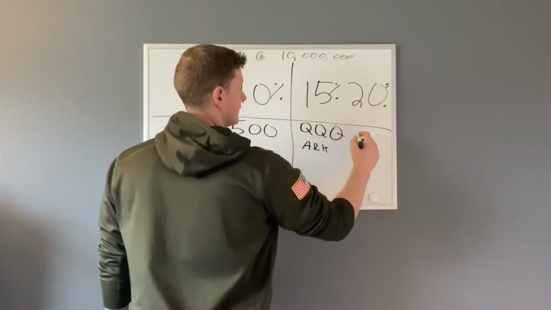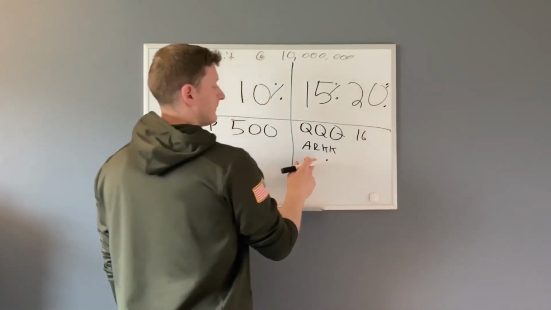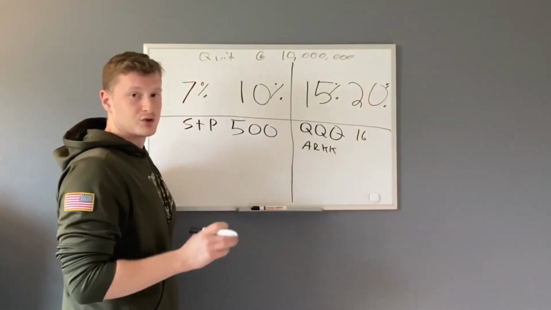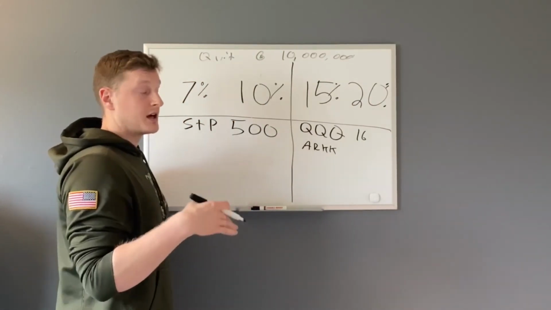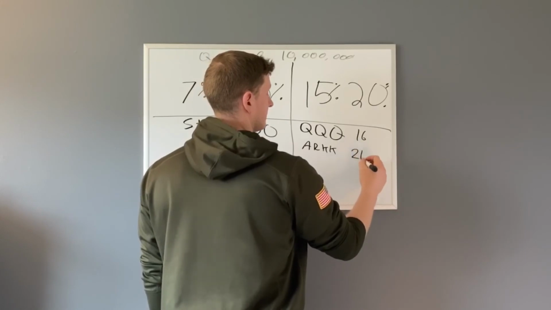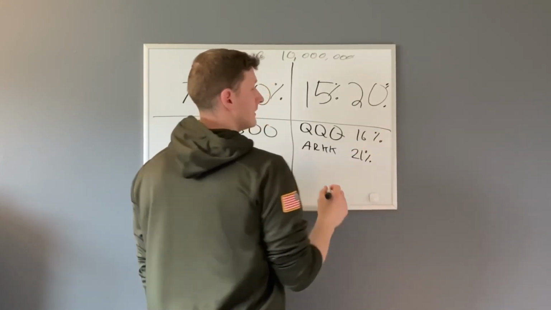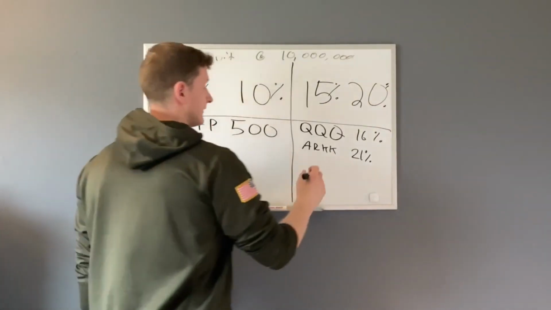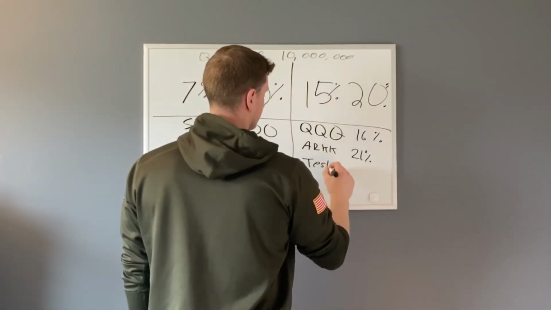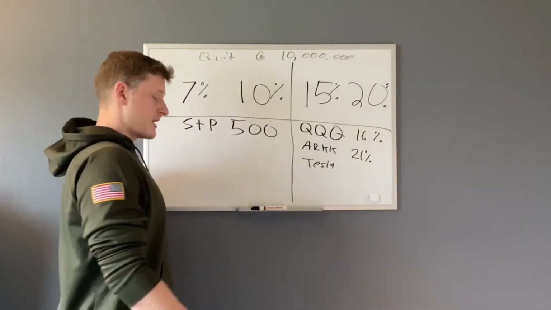The last time I checked, the return was 25%, but with the market going down, it's probably a lot less, so I'm just going to say it's 21%. And then the last stock is going to be Tesla. I can't remember what the return on that is, but I believe it's 30%.